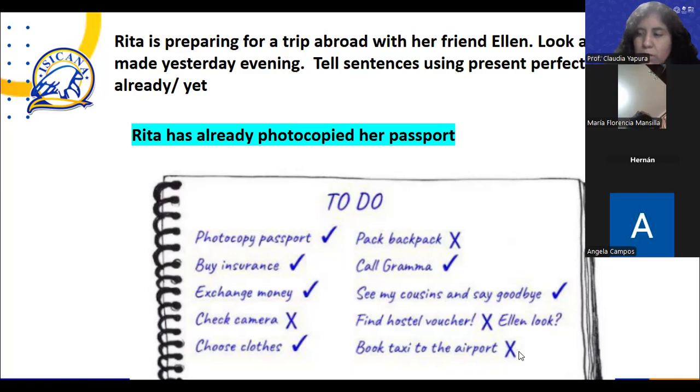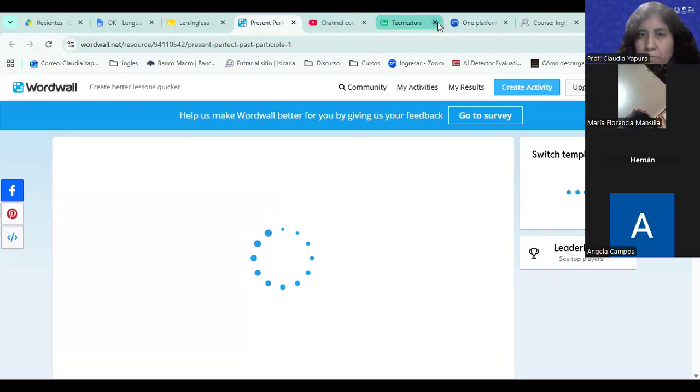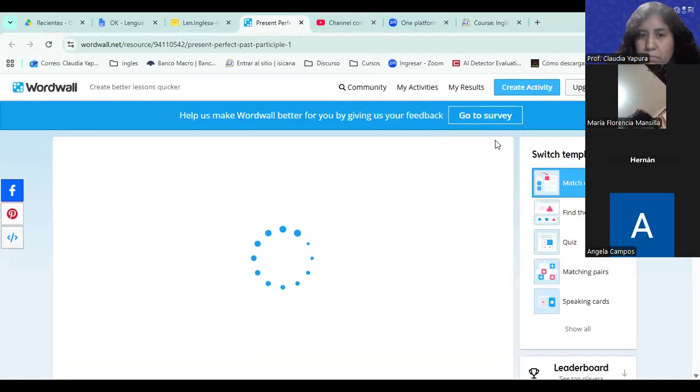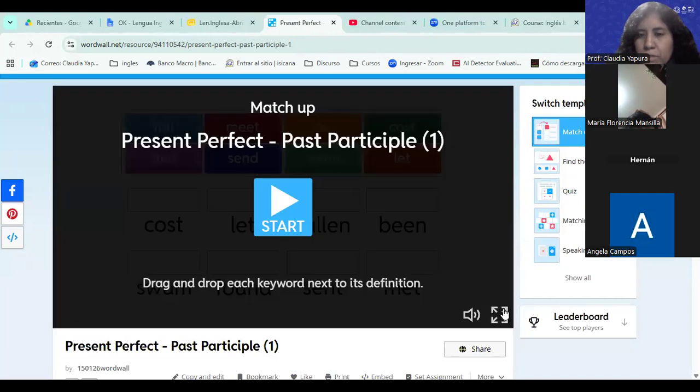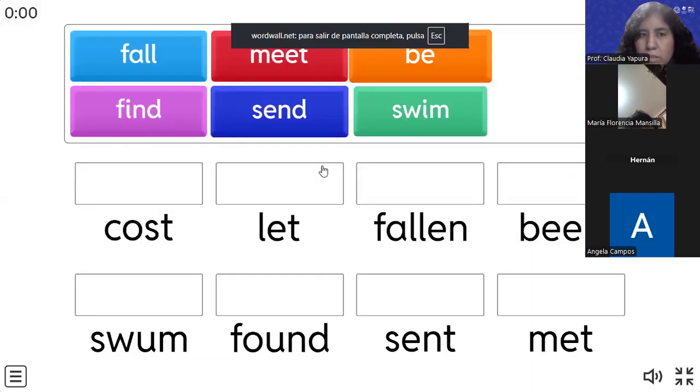Book taxi to the airport. Rita, no, o sea, Rita hasn't booked a taxi to the airport yet. Yet. Very good. Yet. Okay. We are going to check some verbs now.